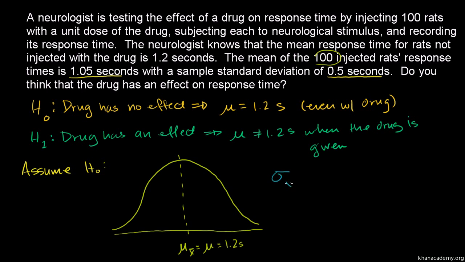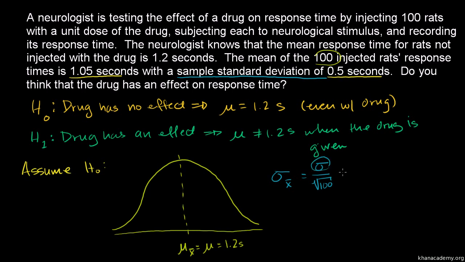It should be equal to the standard deviation of the population distribution divided by the square root of our sample size, so divided by the square root of 100. We do not know what the standard deviation of the entire population is. So we're going to estimate it with our sample standard deviation. That's a reasonable thing to do, especially because we have a nice sample size of 100. This is going to be a pretty good approximator.